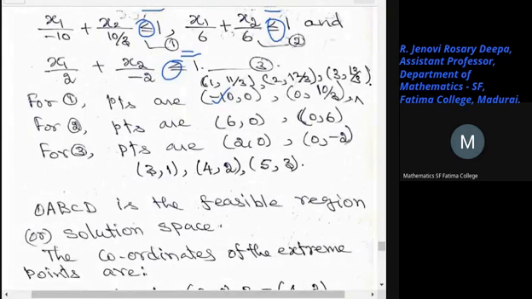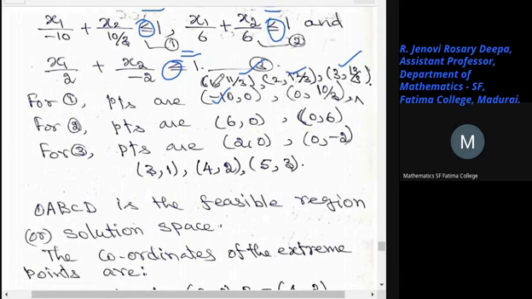Here we are getting the point minus 10 comma 0, which occurs in the second quadrant. So we can't consider this point to draw the first line. We are going to find other possible points.